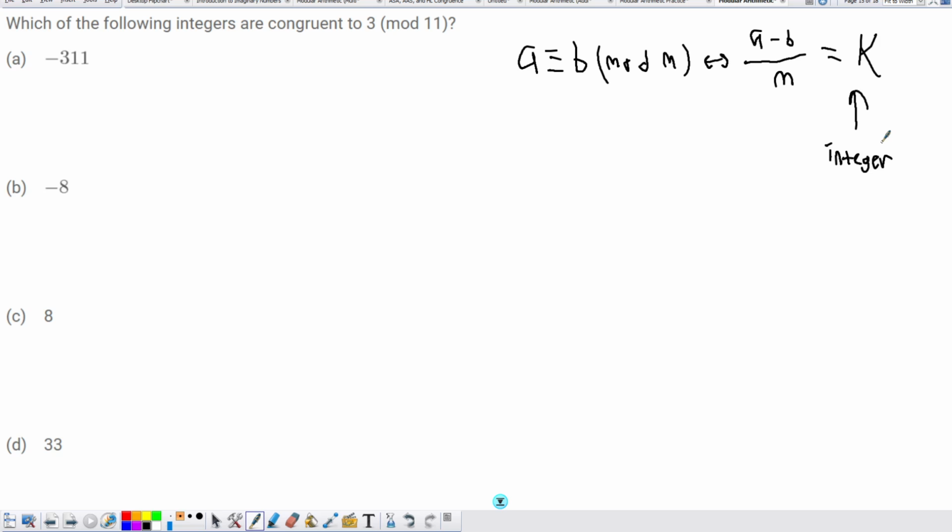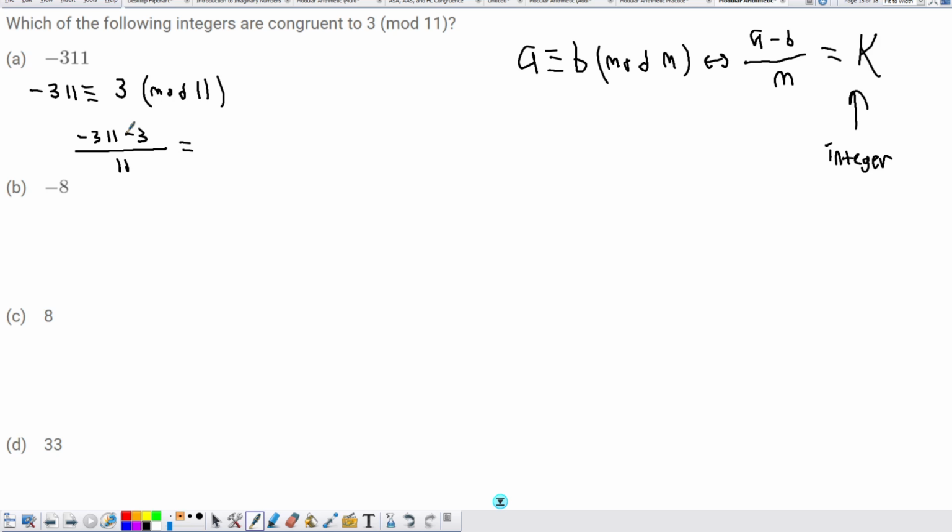So, which of the following are congruent to 3 mod 11? I want to establish, is negative 311 congruent to 3 mod 11? Well, if this was true, then negative 311 minus 3 over 11 should be an integer, or a whole number.